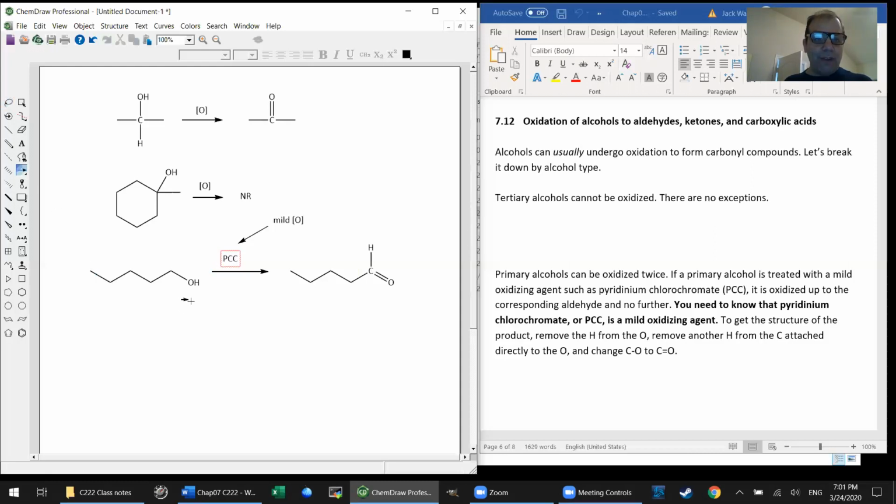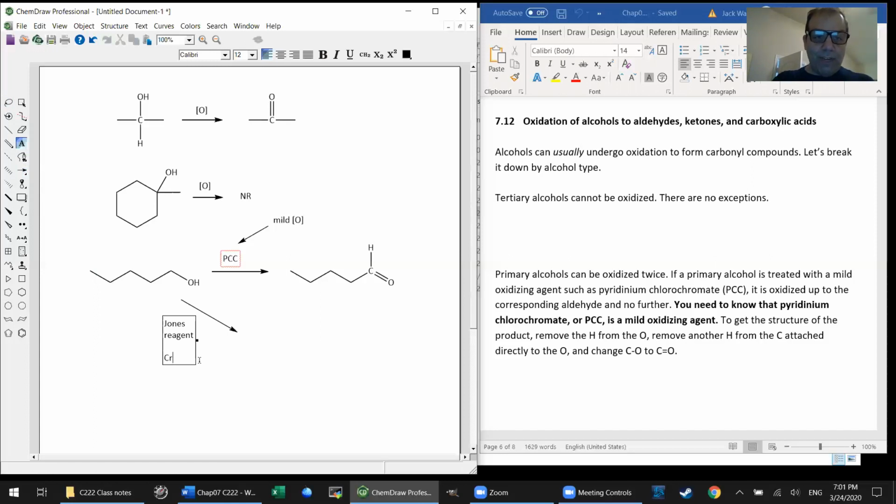Well, what if we treated our primary alcohol with a strong oxidizing agent? And the strong oxidizing agent that you will need to know about is generally called the Jones reagent. And you might see that written a number of different ways.